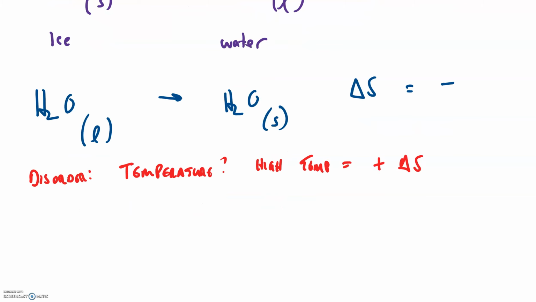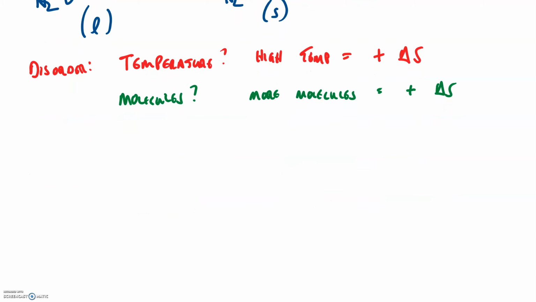We could count molecules, because a reaction that produces more molecules would always result in a positive delta S. Here's a good example. This is a reaction where ammonia decomposes into hydrogen and nitrogen.